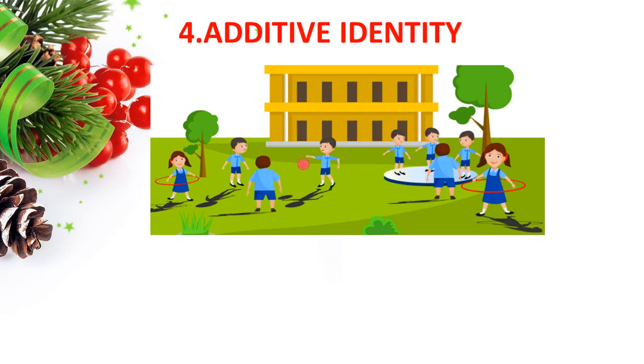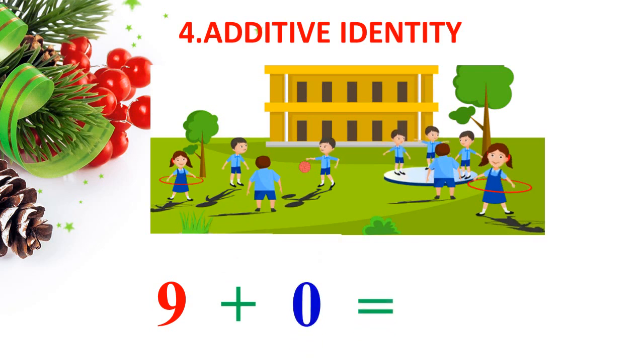Next, the last property is additive identity. Let us see one example. Here, how many students are playing? 9 students. No other students join till the end of the period. Now, how many students are playing? 9 students. What do we see? 0 added to any number does not change its value.